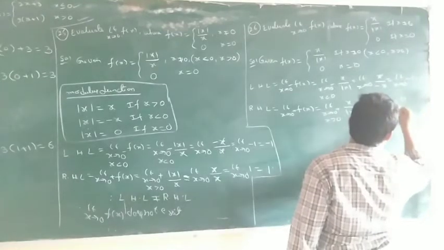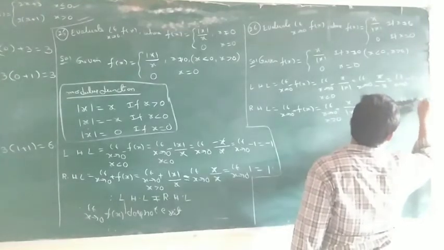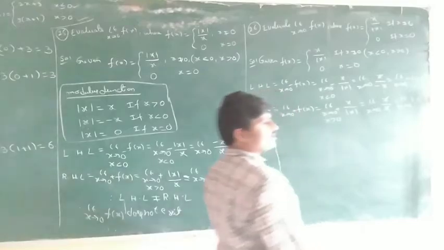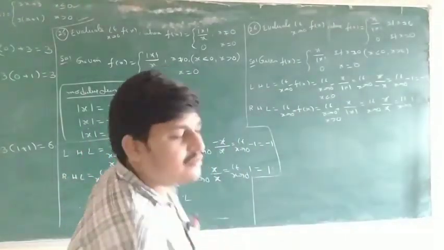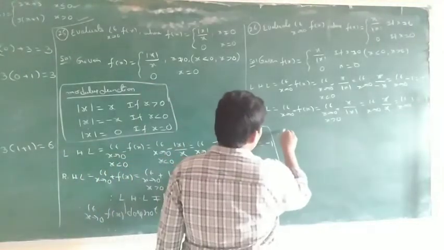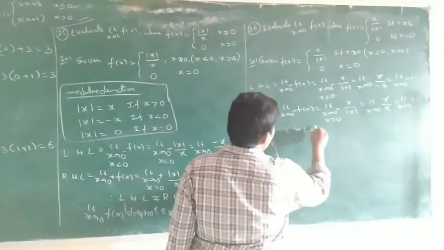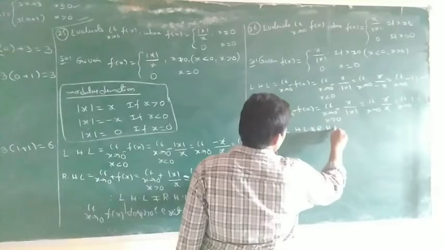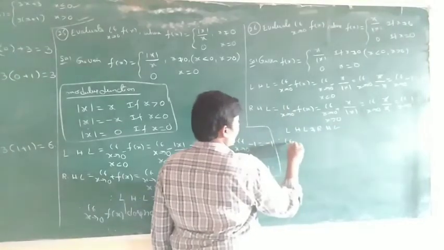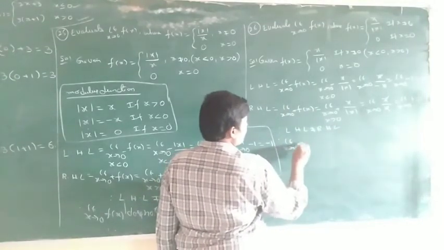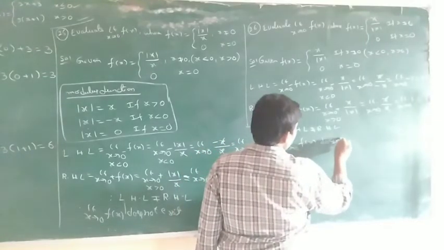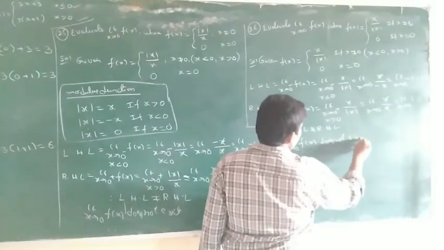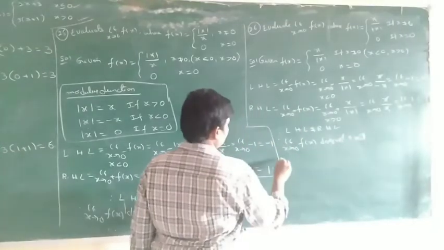So limit x tends to 0 of 1 is equal to 1. Limit of a constant is equal to the constant. So therefore LHL is not equal to RHL, and therefore limit x tends to 0 f of x does not exist.